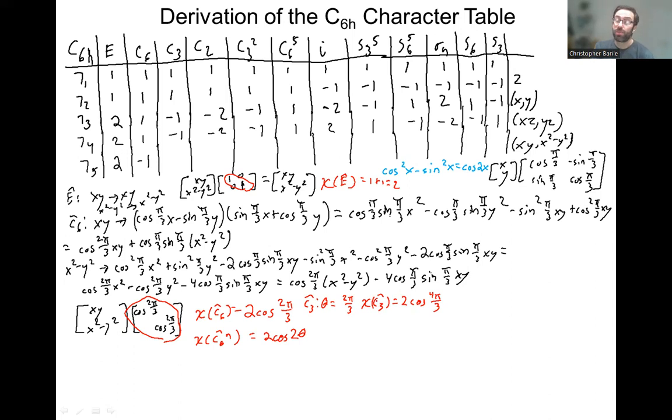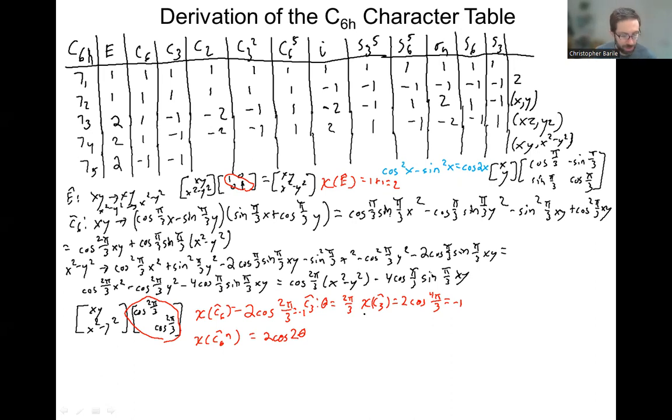Cosine 4 pi over 3 is 240 degrees. That still is -1/2. And so that is -1/2 times 2 gets us -1. So this was -1 as well, just for clarity there.